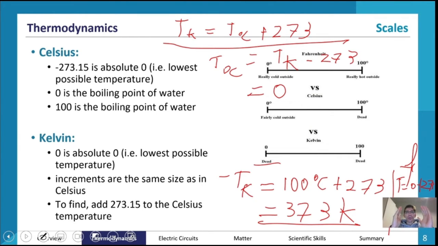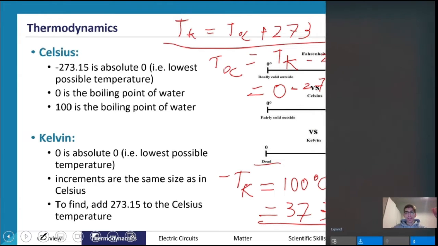So if 0 degrees Kelvin is the lowest temperature that we can achieve, or at least the lowest temperature that exists, subtracting 273 from it would leave us with negative 273 degrees Celsius.